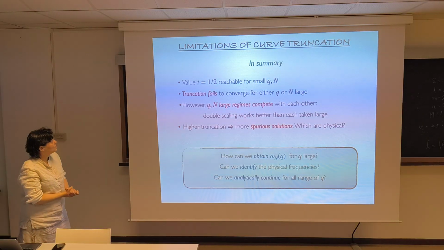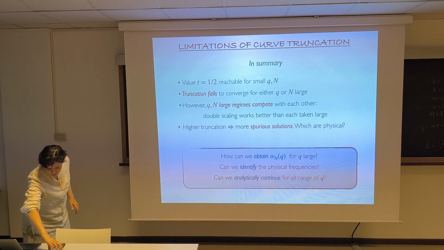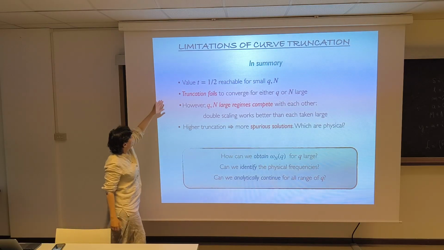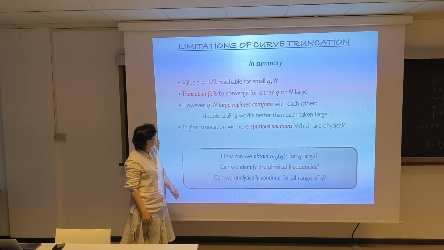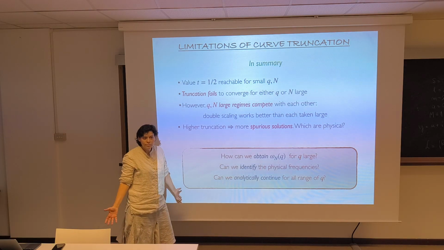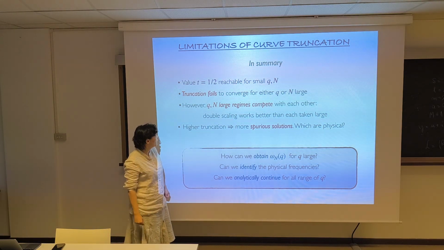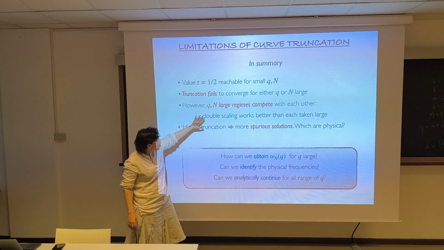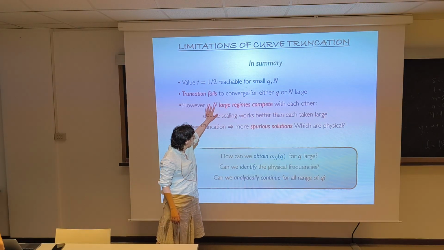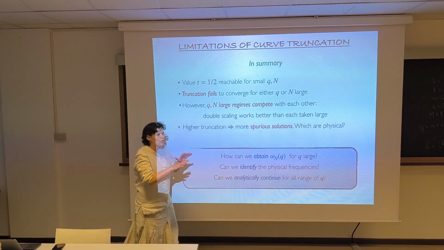So this is the summary of what I've done so far. t equals a half is reachable for small n and q. Truncation fails, clearly, because I'm at the radius of convergence, for either q or n large, but there's some regime of q and n both large where they sort of compete with each other.